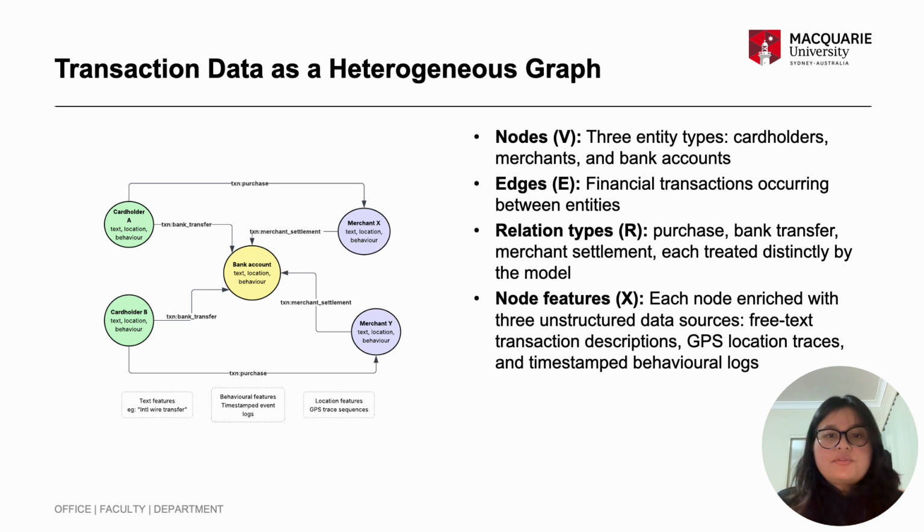What makes this powerful is that it captures both relational structure and unstructured context simultaneously. For example, a cardholder suddenly transacting at merchants in a completely different geographic location is a signal that spans multiple entities and transactions, something a traditional transaction by transaction system would never catch. Only a graph representation can surface that kind of cross-entity pattern.